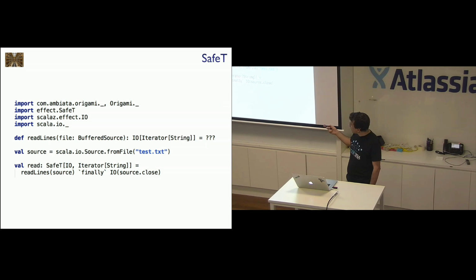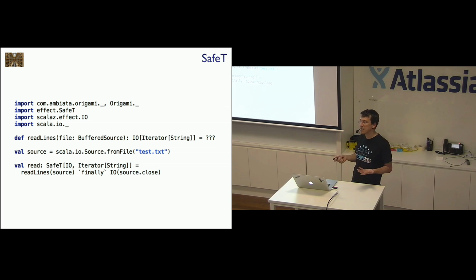You use the finally method, and it takes an I/O value, and it's going to add one more action at the end, one more I/O action. So when you execute this read method, it's going to read the lines, and whatever happens, even if there's an exception being thrown in the meantime, it will trigger this finalizer here.